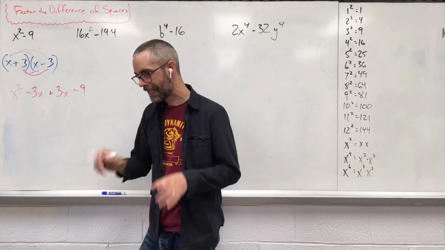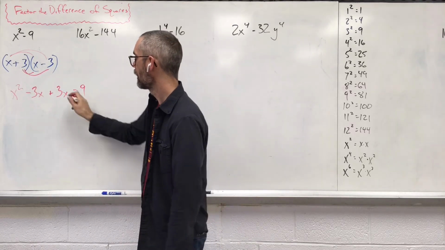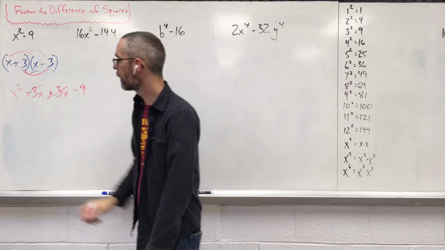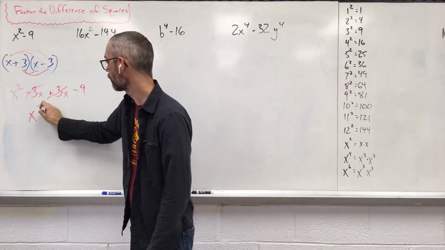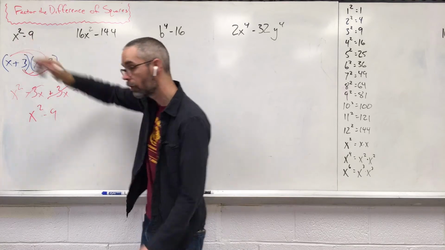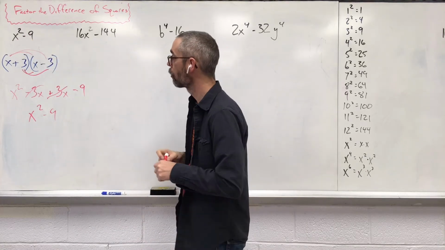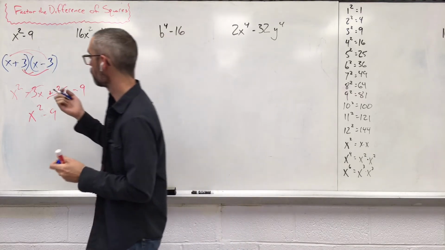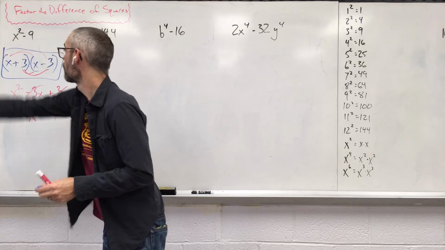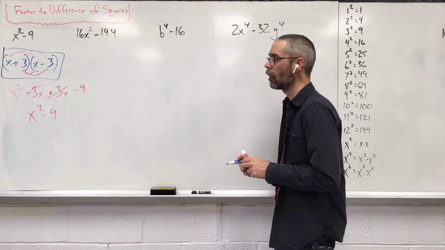What's neat about having a plus and a minus is those two middle terms cancel out, and you're left with x squared minus 9, which is exactly what we started with. So that's good. We factored correctly. This here in blue is our answer.